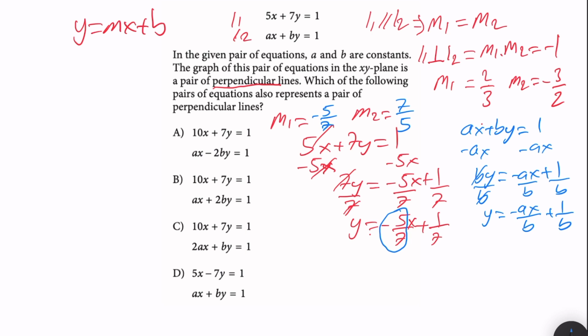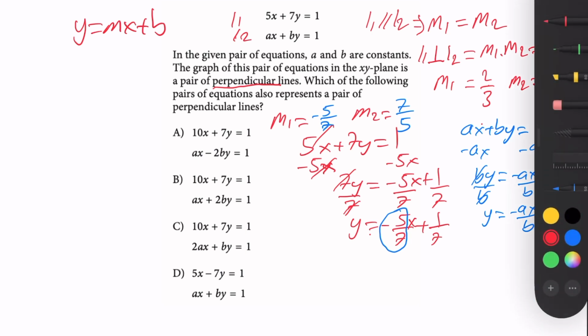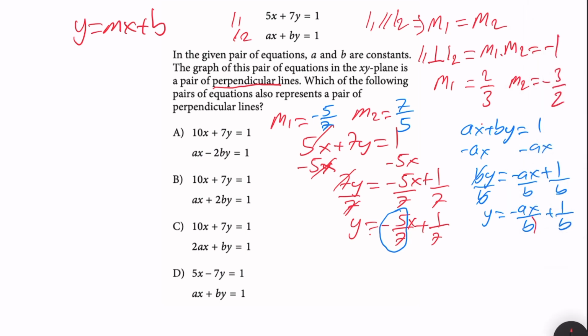In this one, our slope is -a over b. If -a over b is equal to 7 over 5, then a will be -7 and b will be +5.